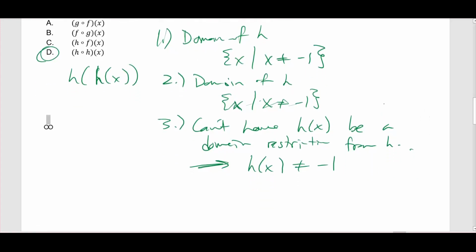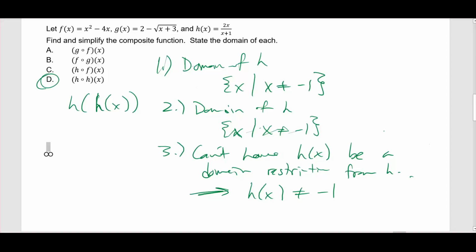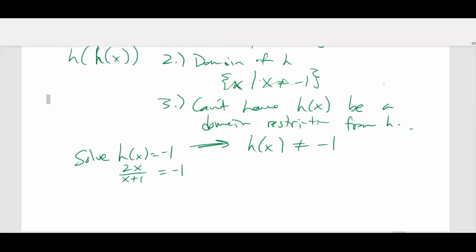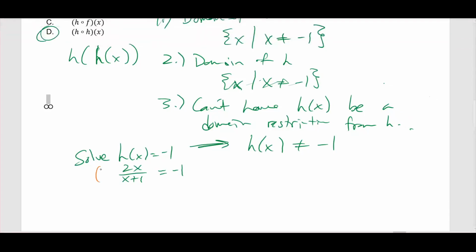Now we just need to find out where it is -1. So we can solve h of x equals -1. Okay, h was 2x over x plus 1 equals -1. And we can solve this pretty quickly here, right? As long as our x value isn't -1, this is a legal move, and we can multiply both sides by x plus 1 just to solve this rational equation.